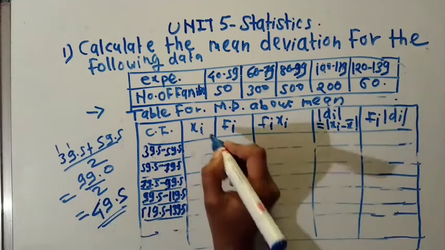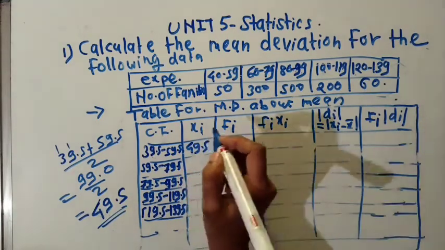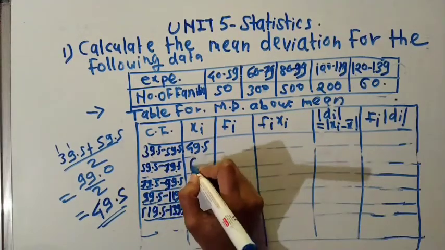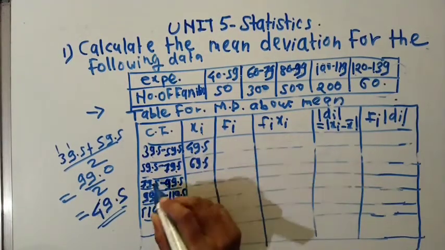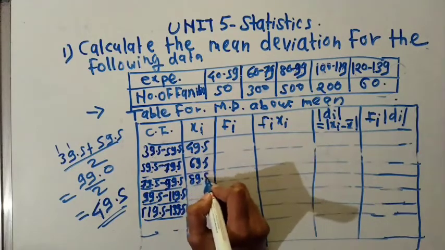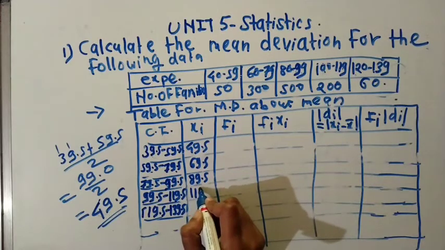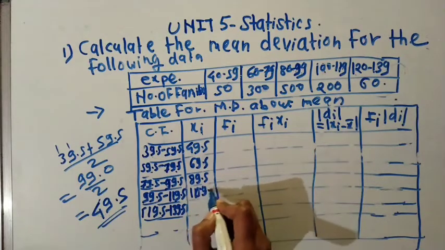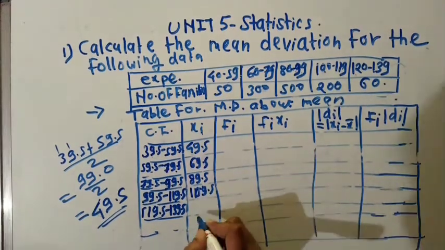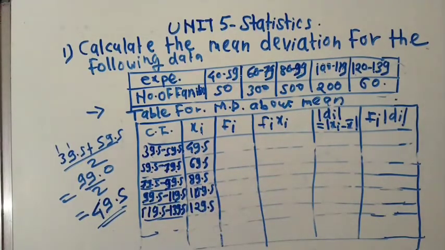This mid value is 49.5. This mid value is 69.5. This mid value is 89.5. Then 99.5, 109.5, and this value is 129.5.